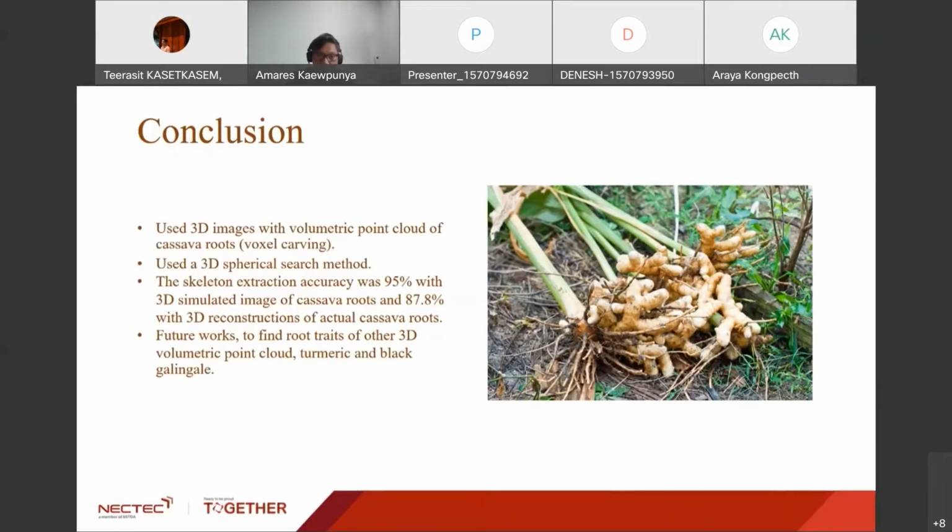The skeleton extraction accuracy tested with the 3D image of simulated cassava root was 95%, and tested with the 3D reconstruction of actual cassava root was 87.8%. In the future, this method may be applied to find the root of other 3D volumetric point clouds, such as turmeric and others. Thank you.